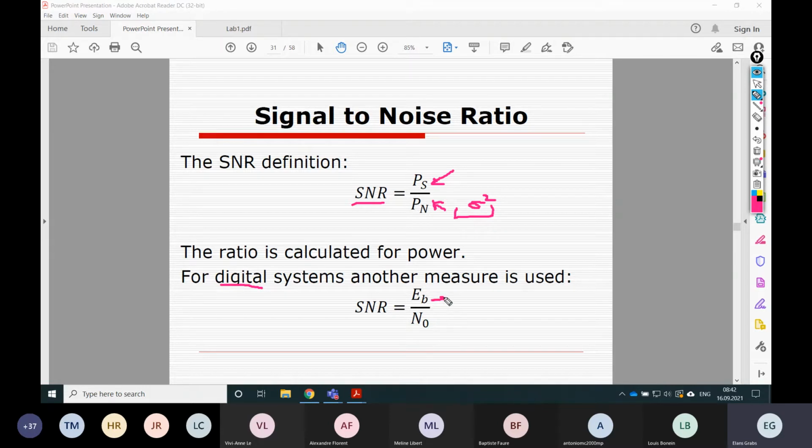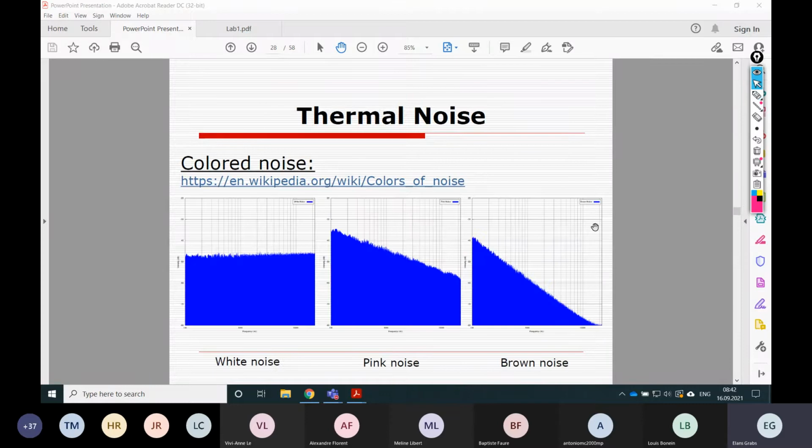The first one is the energy of one bit, and the second one is the noise spectral density. Noise density is actually the spectrum which we have seen, but rather than the value at one point or another, this entire level is the noise spectral density.